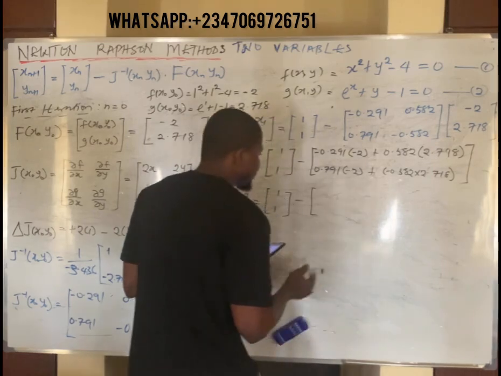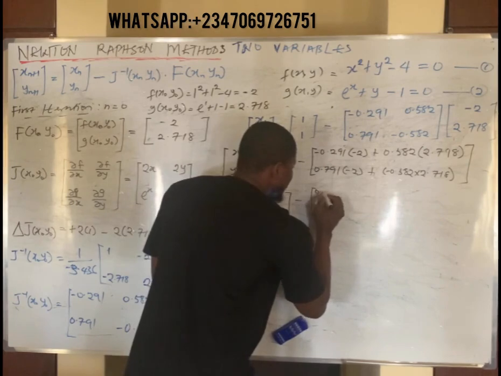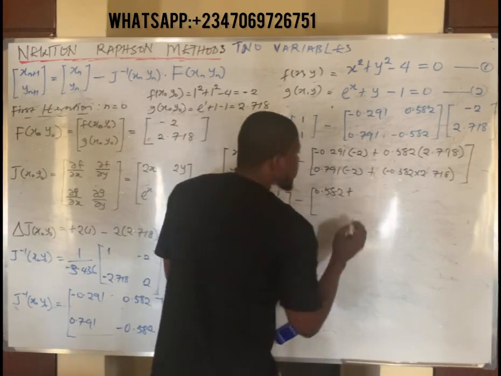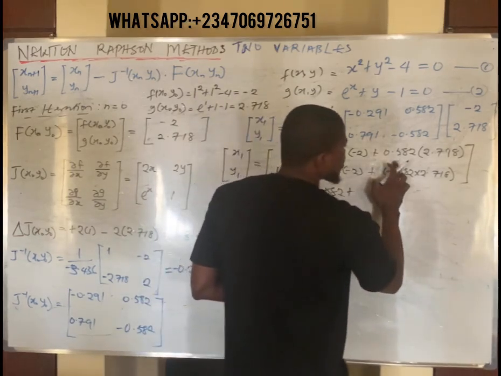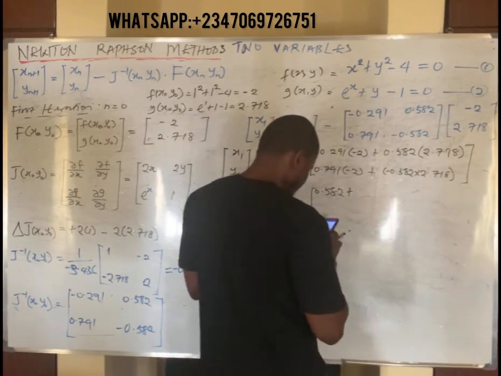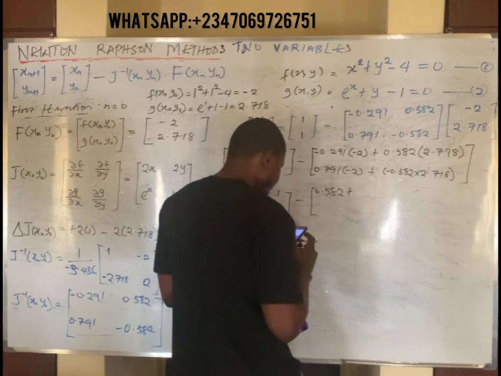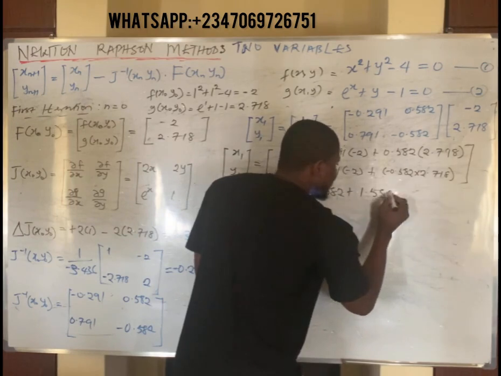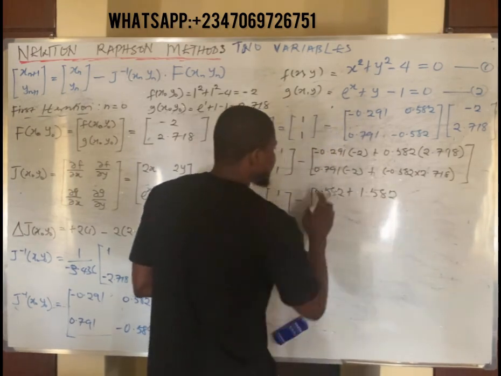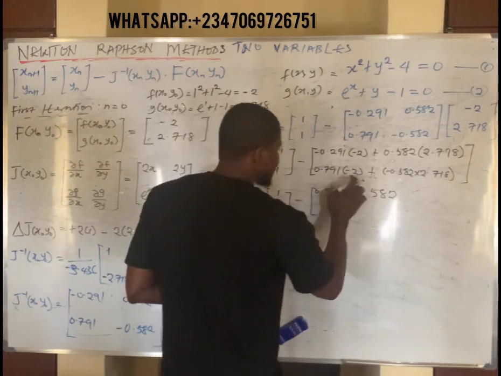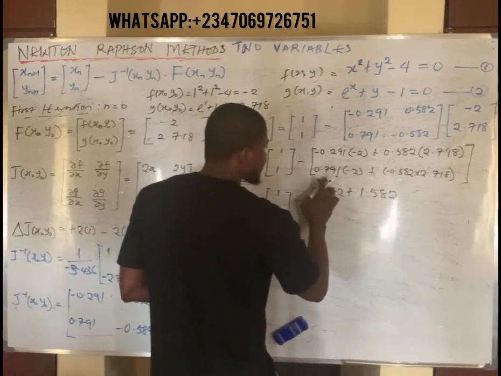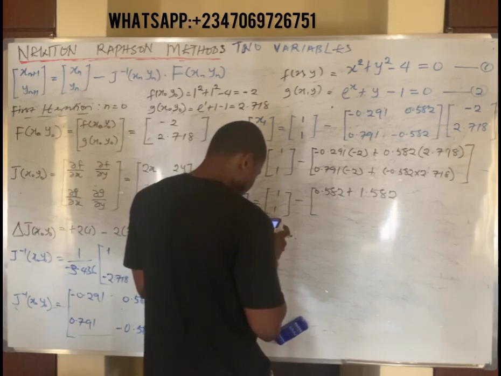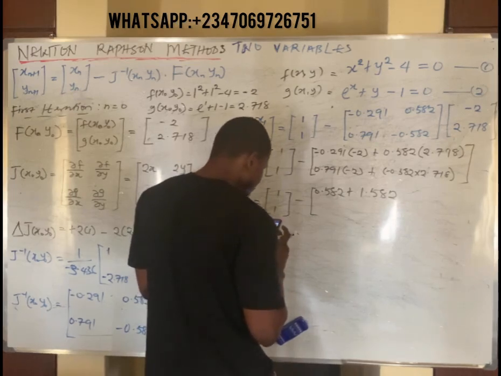That product simply gives us 0.582 plus 0.582 multiplies 2.718. That gives us 1.582 approximately. Okay. Next, I evaluate the second row. So I have 0.791 multiplied by -2. This simply gives us -1.582.